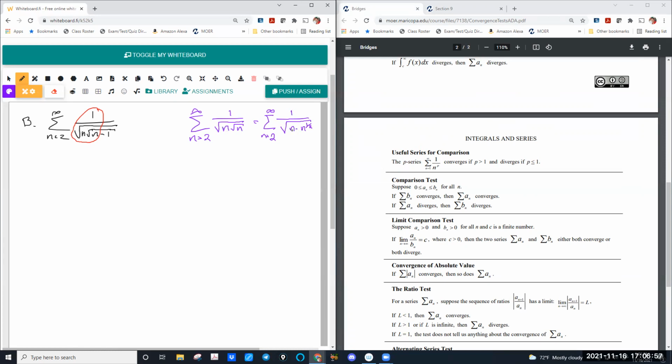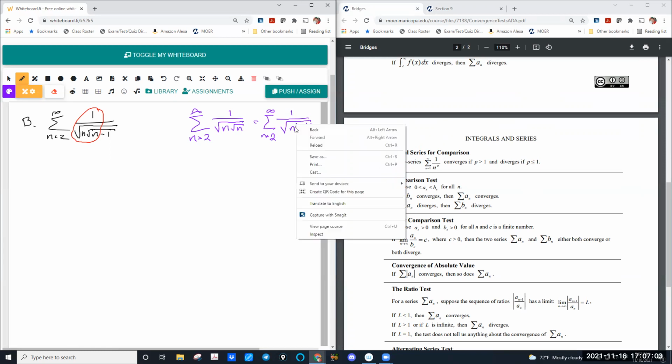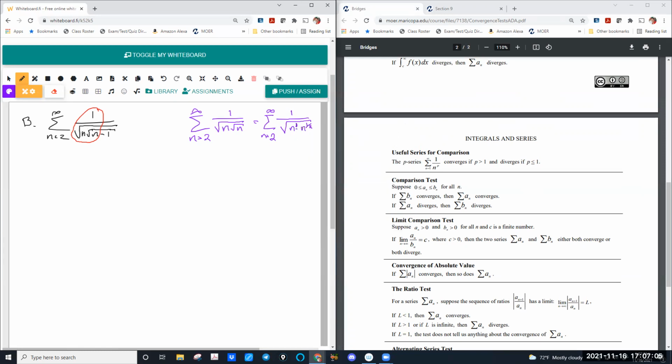When you multiply two things of the same base, their exponents add. So this would be like n to the 1st times n to the 1/2. So under that radical, what I'm going to have when I simplify is n to the 3/2.